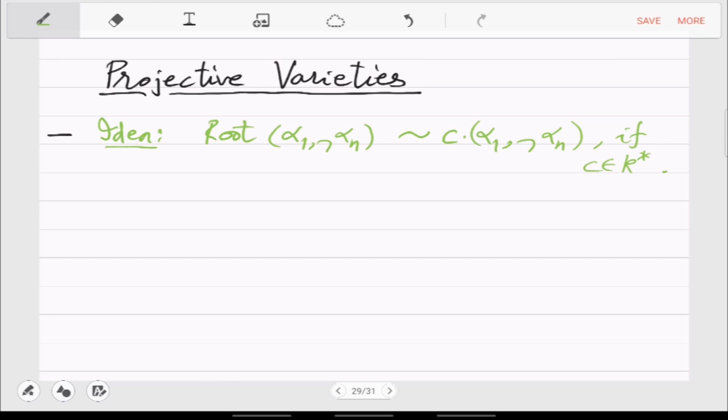So up to non-zero field constant multiples, roots are considered equal. It's basically an affine variety, but then you are modding it out by an equivalence relation. So another way to say this is roots are now not points in the space but lines in the space, in the affine space.